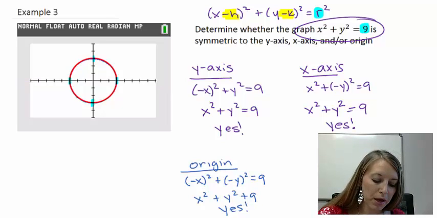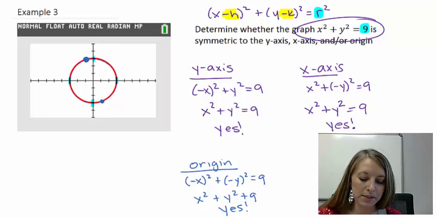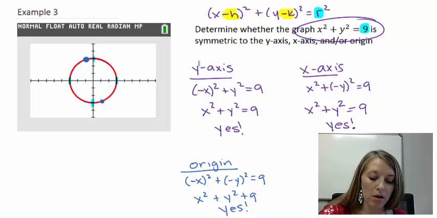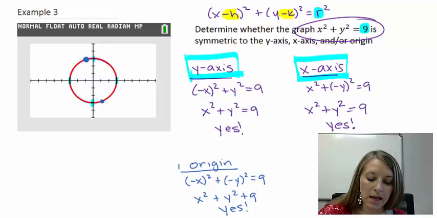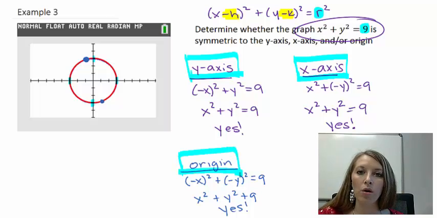If I were to pick one point on the circle and rotate it halfway around the circle, I would have the exact same point on the opposite side. So this is symmetric to my y-axis and my x-axis and my origin. So something can be symmetric to all three things at the same time.